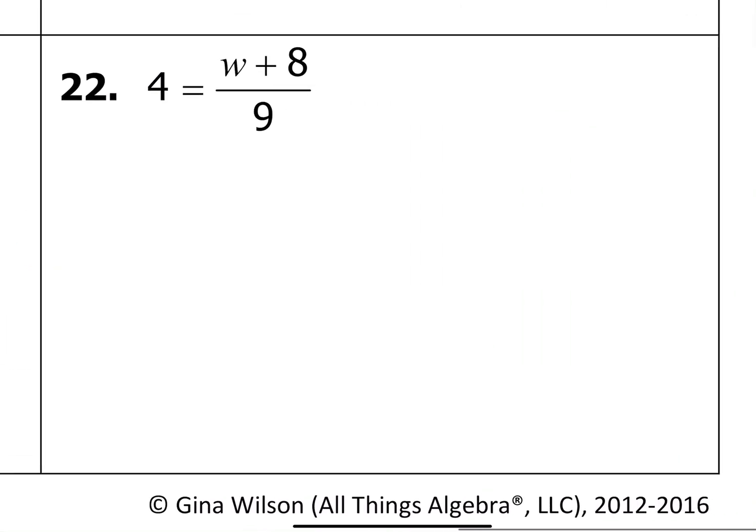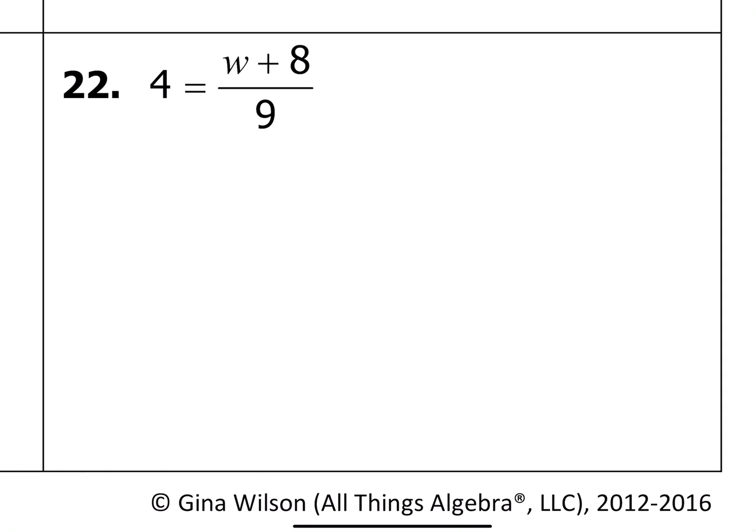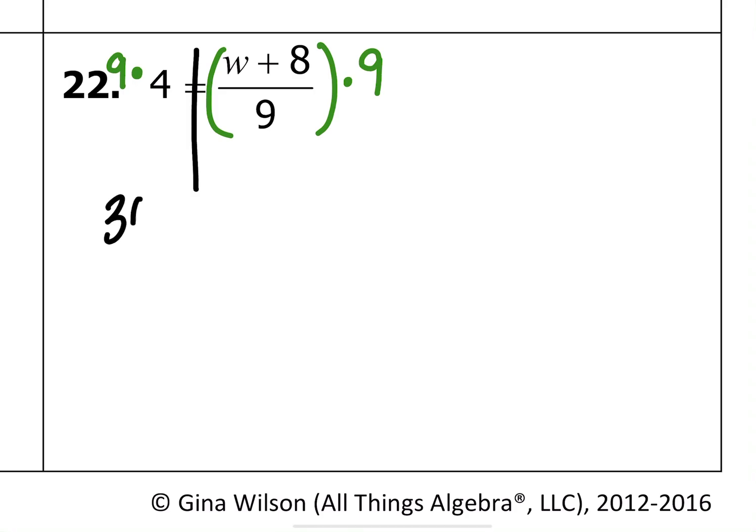Last problem, 22. I have a 9 in the denominator, so I'm going to multiply both sides by 9. So I get 36 equals, my 9's are going to cancel. Remember, this is technically 9 over 1, and I'm going to cross cancel those 9's.